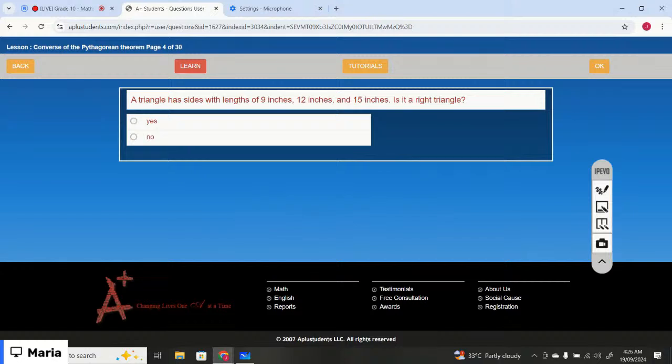Yes, it is a right angle triangle. Okay, you can complete the lesson by yourself here today. Let me just move to the next lesson.